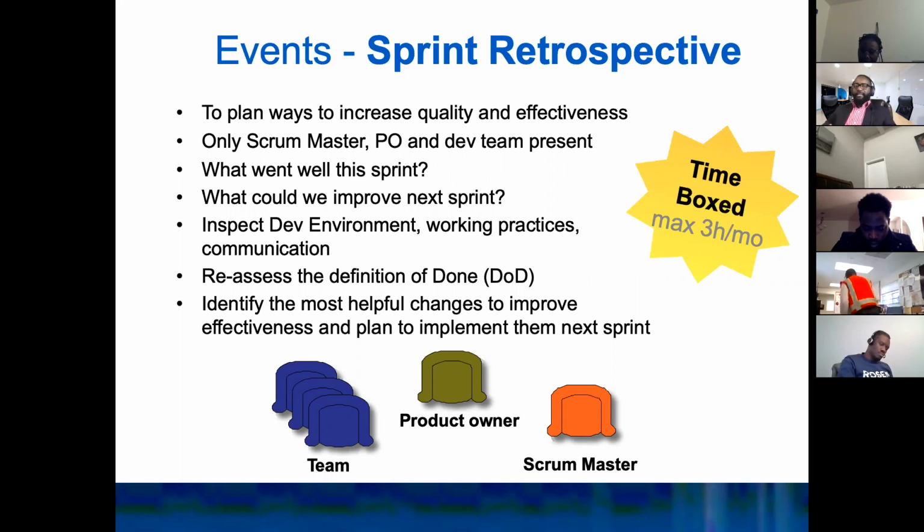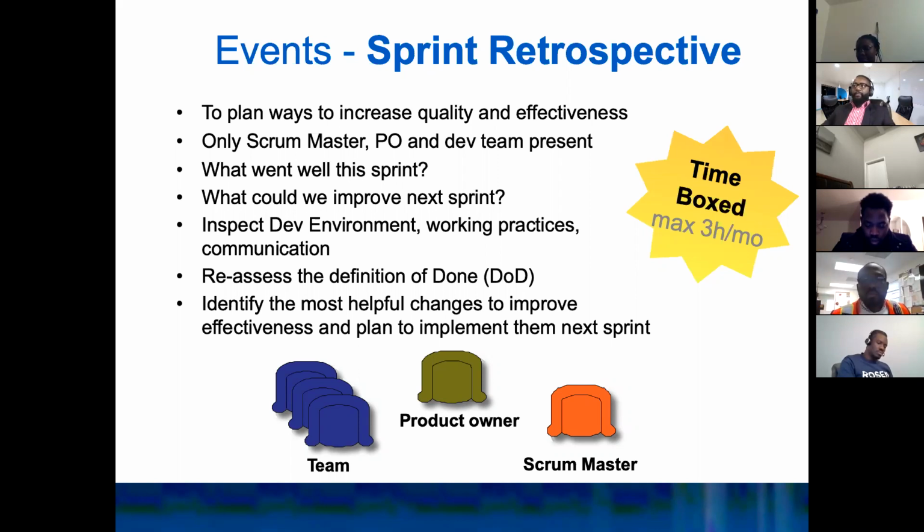It's like a checklist where all the items need to be signed off to decide that the product increment is completed. So we reassess that list during each retrospective, and if anything was missing before, we can add it. If there's anything that is not necessary, we can take that off. So it's a time to reevaluate what is in the definition of done as well.